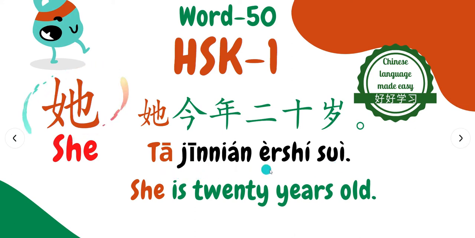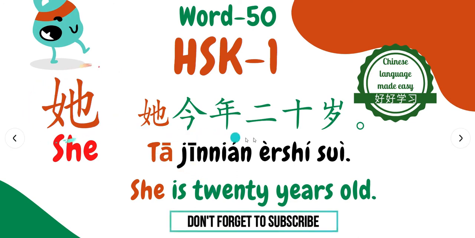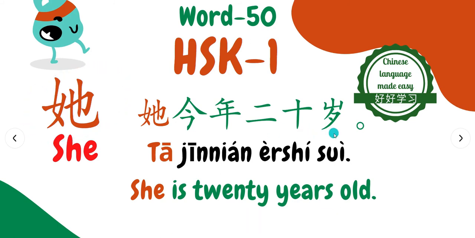She is 20 years old this year, basically, if you want to say, but we mean she is 20 years old. 她 means she. 今年 this year. 20. 岁 age. She is 20 years of age this year, or simply she is 20 years old.